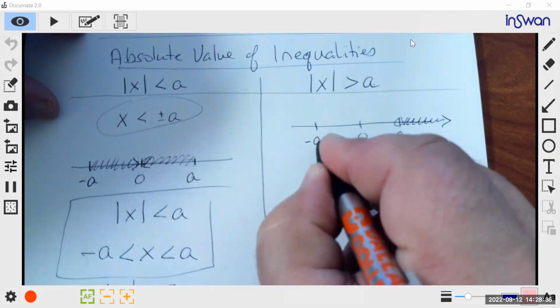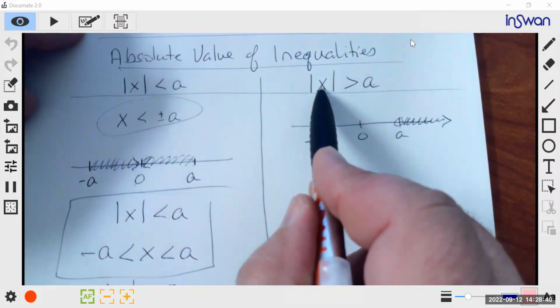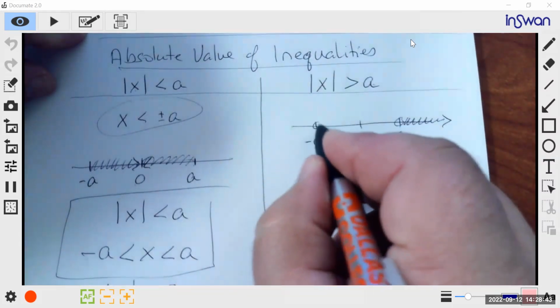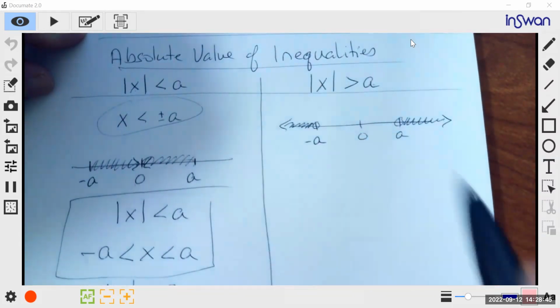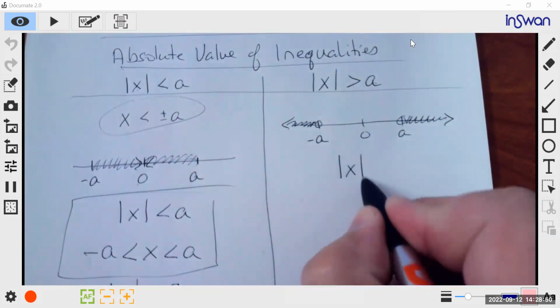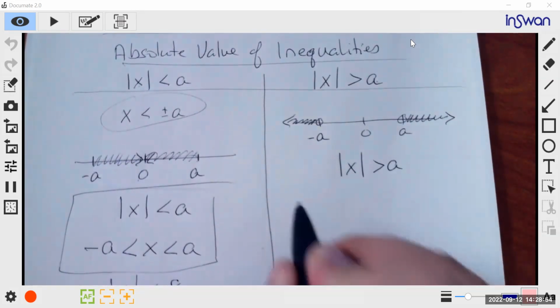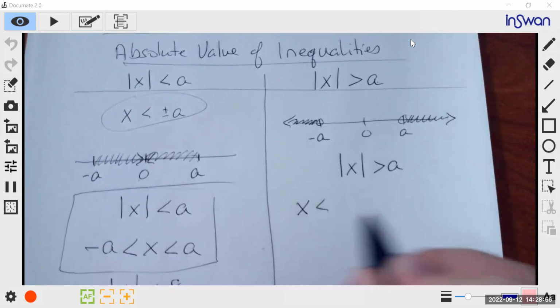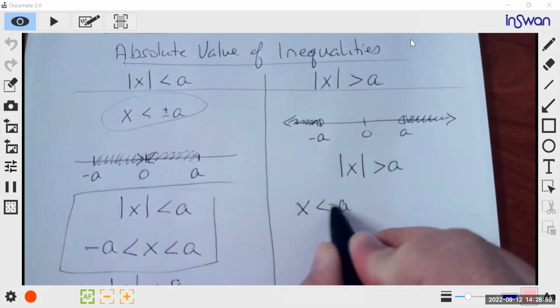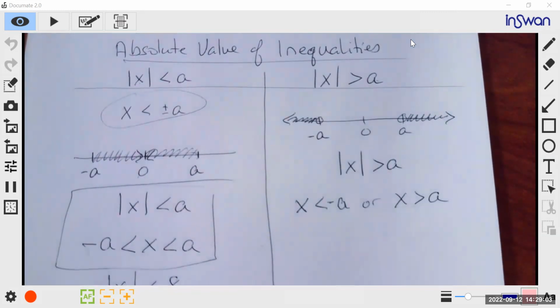Likewise, because this number here can be positive and negative, I have to go away from 0, so it's going the opposite direction. So if I have an absolute value greater than a, then it's going to be x is less than negative a, or x is greater than positive a. You have to look at both directions that the lines are going.